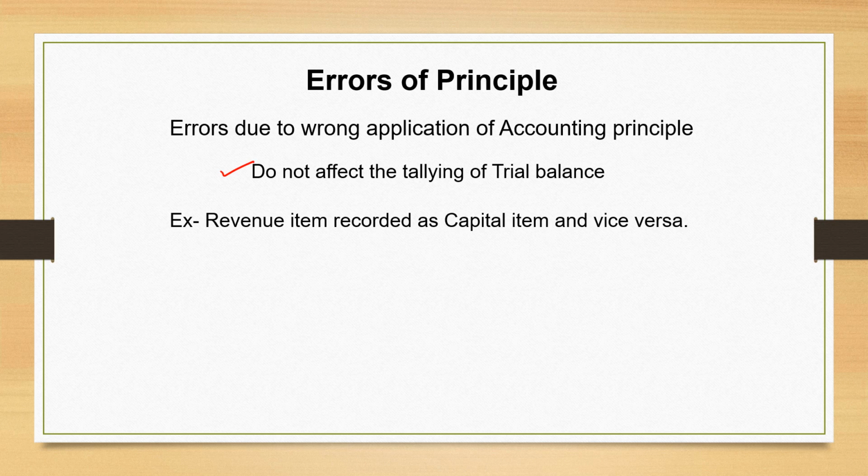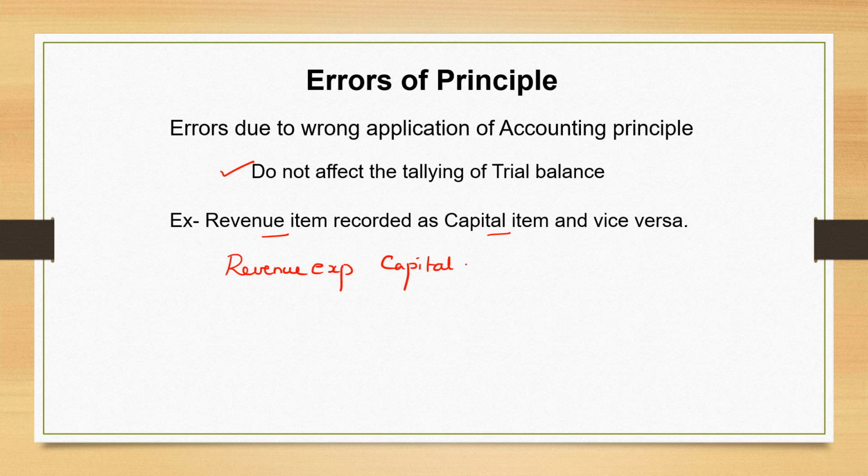correct account. Normally, you would find this error of principle in your books related to treatment of a revenue item as a capital item or vice versa, meaning a capital item being treated as a revenue item. Now, to understand this further, you need to know that all the expenditures can be treated into two categories: revenue expenditure and capital expenditure.